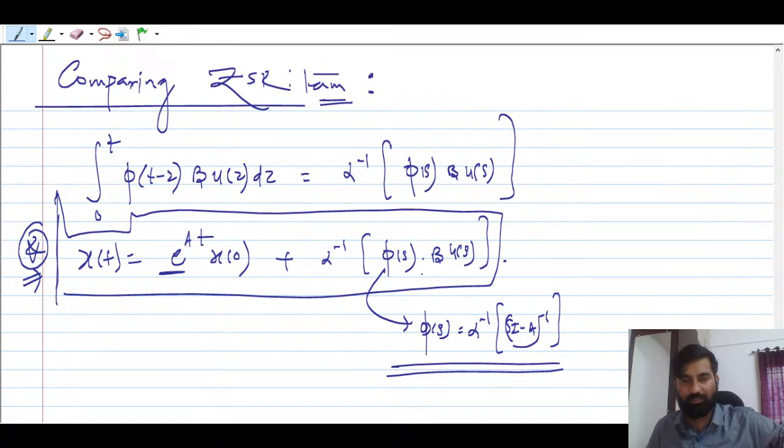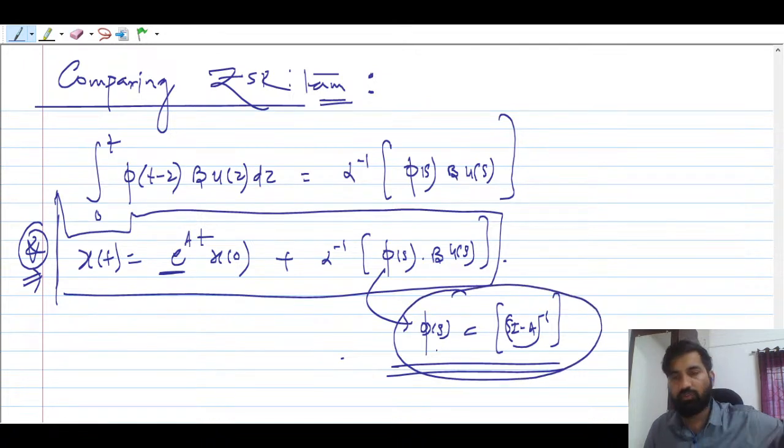Sorry, not the inverse. One minute, I should write it: phi(s) is equal to (sI minus A) inverse. So (sI minus A) inverse is phi(s).